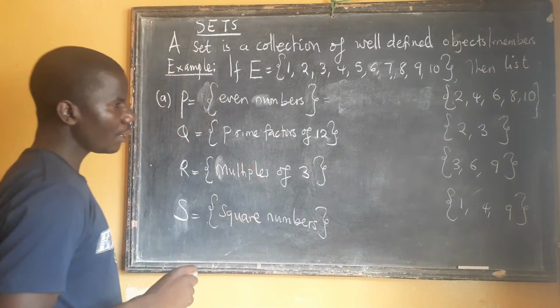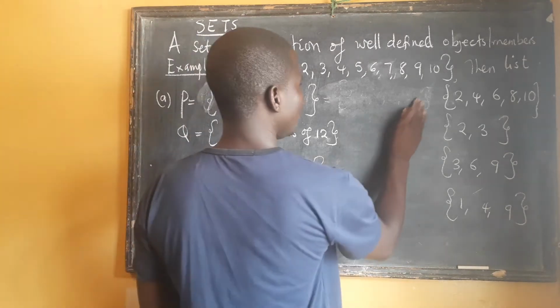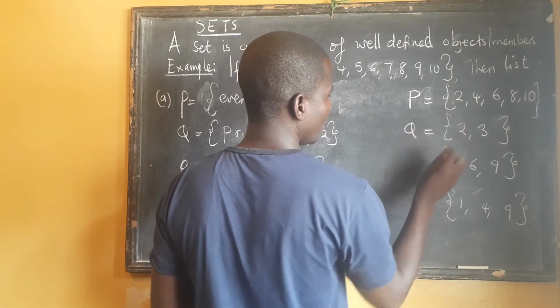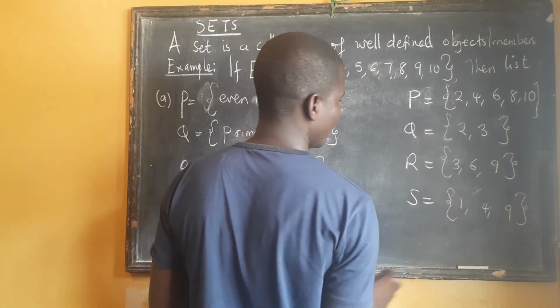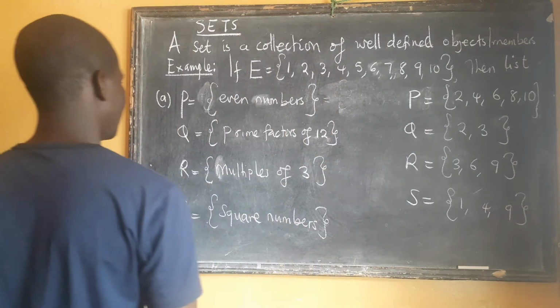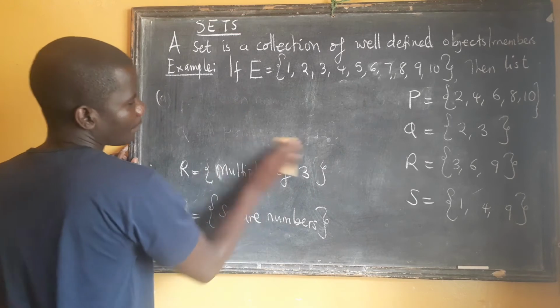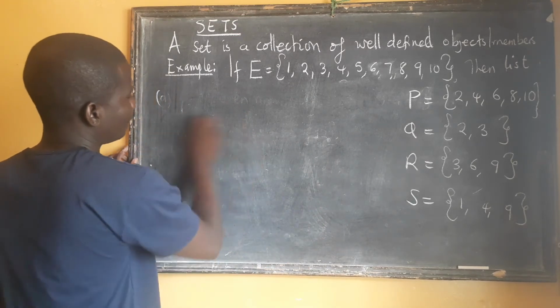Let's look at another part. Let me bring the P here, our Q here, and we have R here, and the S here. Let me wrap this part.